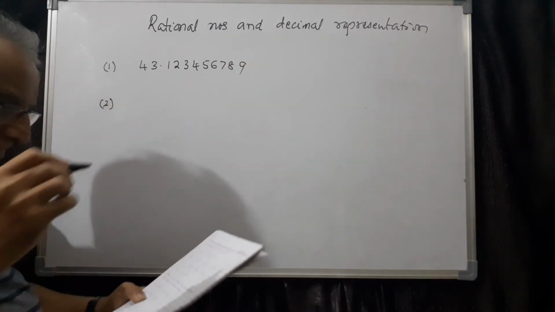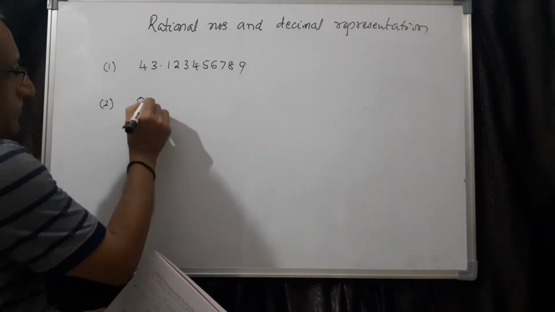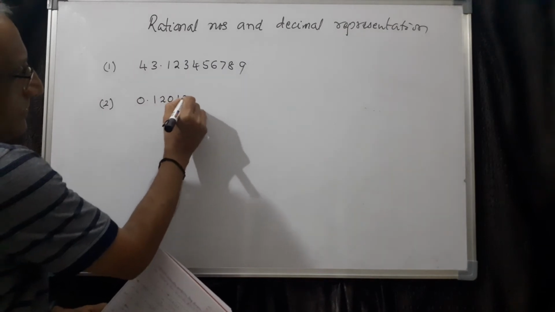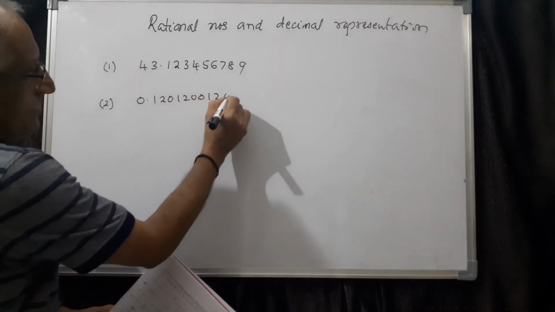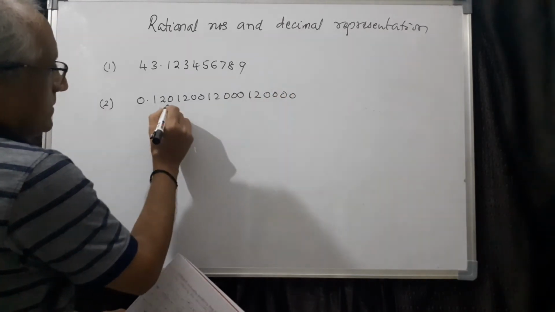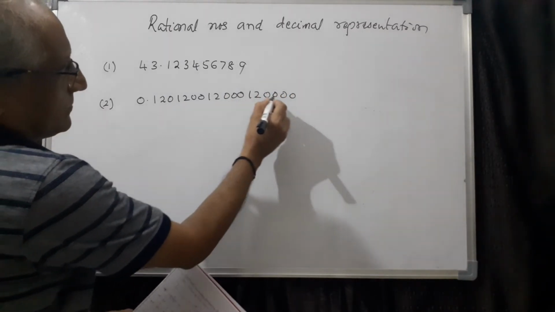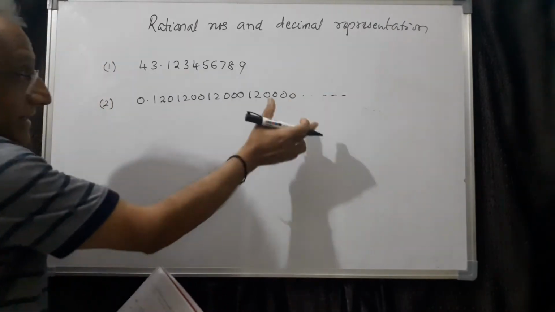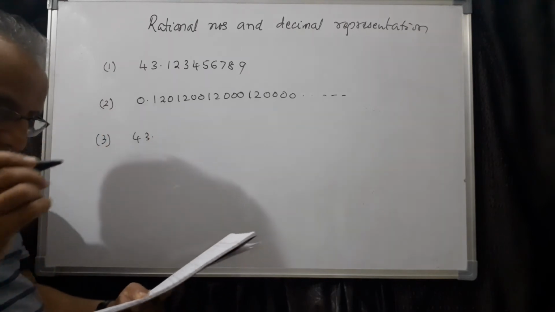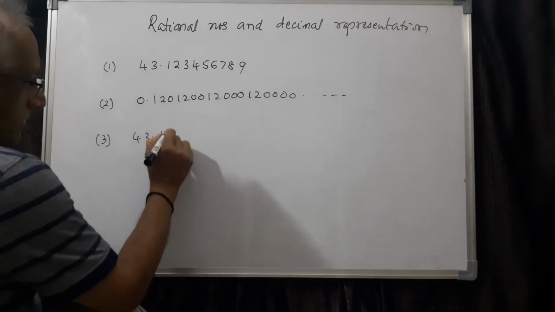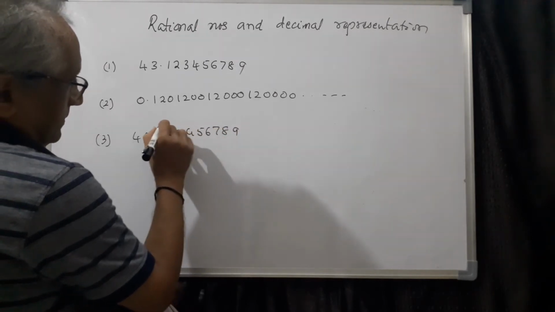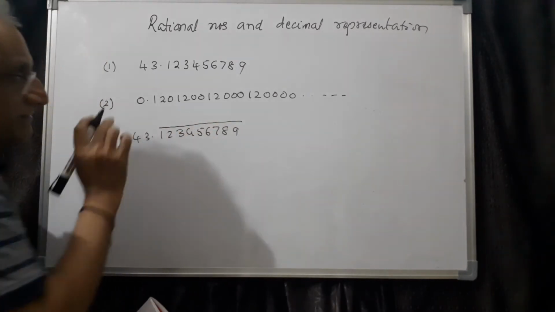Second number is 0.120120012000120000, here 10, 20, 30, 40, this continues in the same pattern. And the third one is 43.123456789 with a bar, and here bar means the same thing repeats.